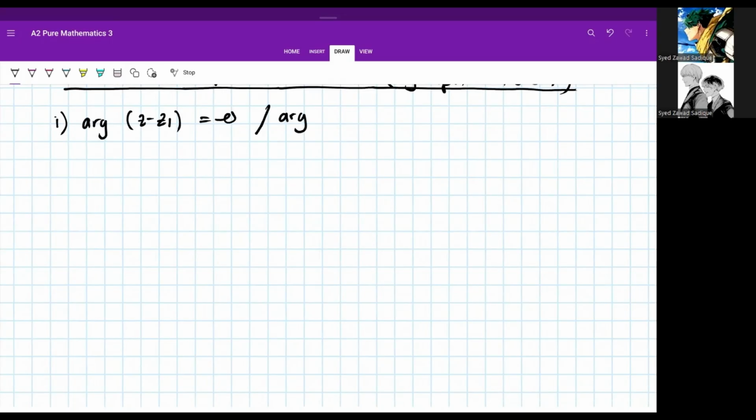It can be arg(z minus z1) greater than or less than theta, depending on the question, of course. Now, the shape, let's draw the shape.